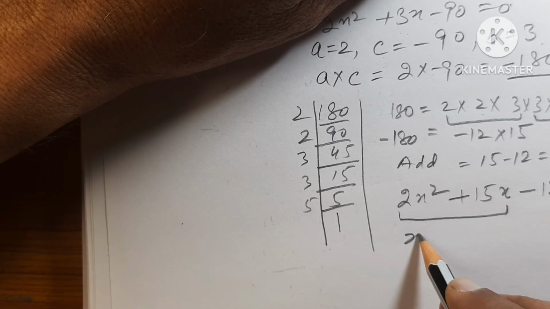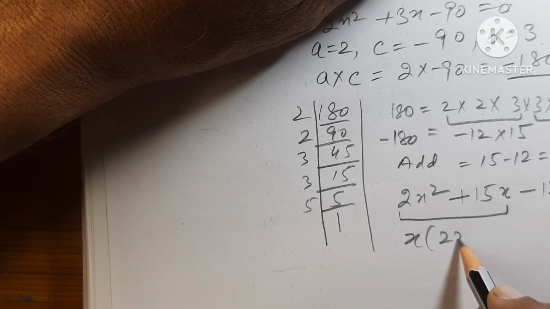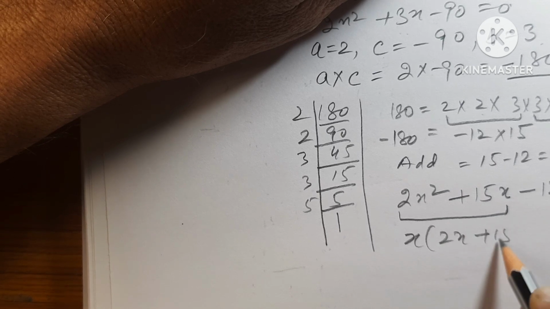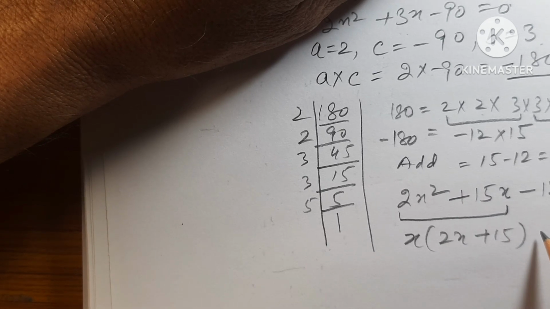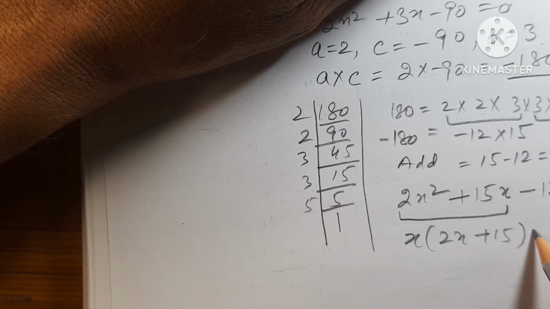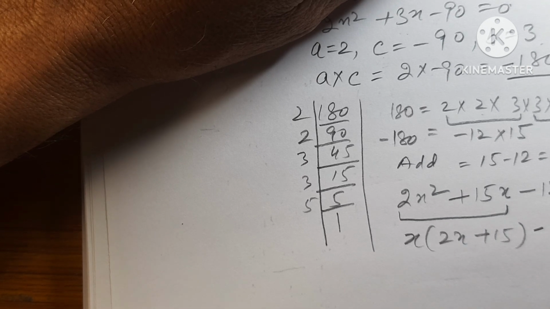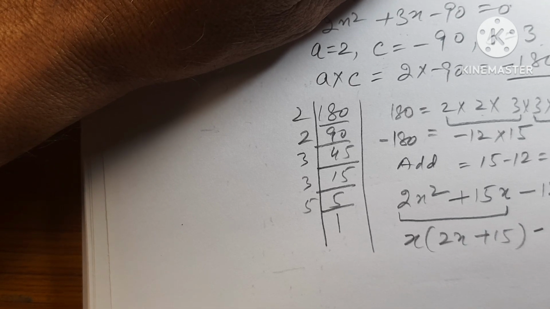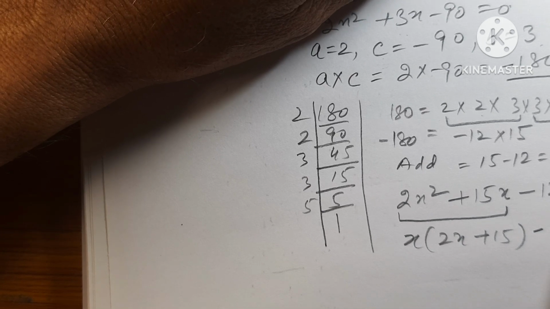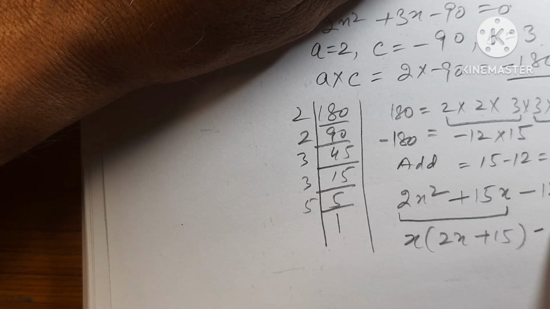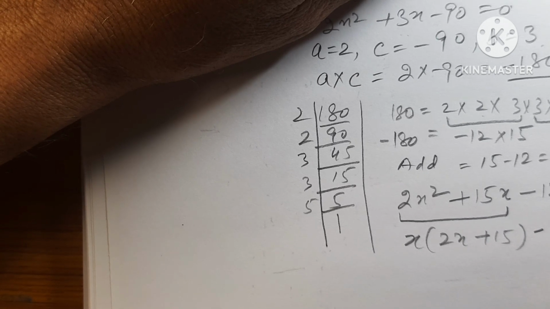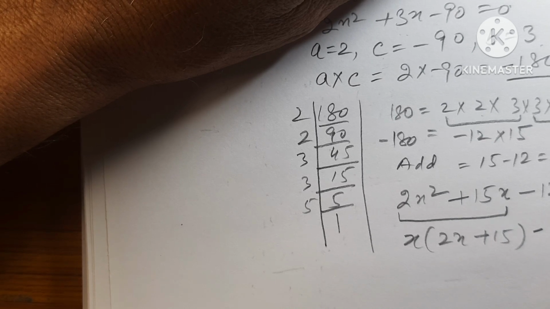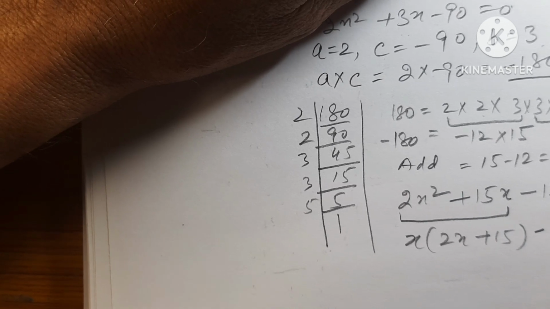Only x is common from the first two: x(2x plus 15), and minus 6 is common from the others: minus 6(2x plus 15) is equal to 0.